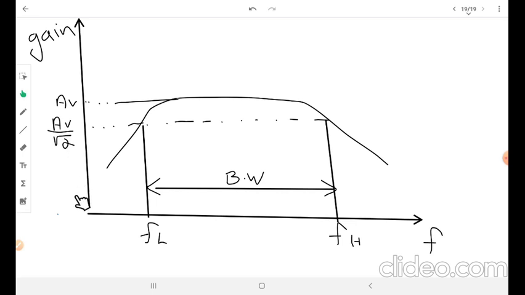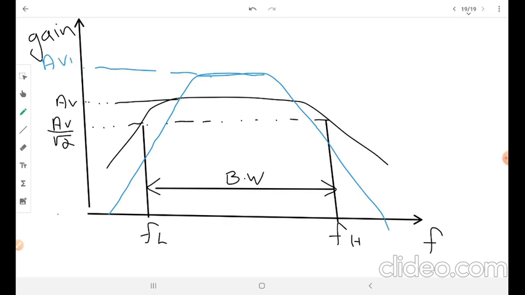We know that the cascaded amplifier is used to improve the gain, so the gain will be increased. So this is our gain in n stages.